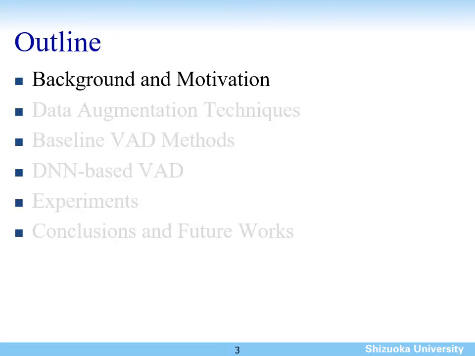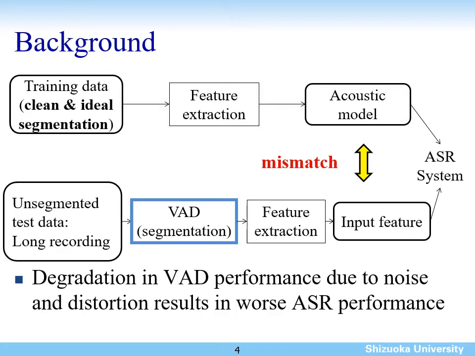Now, moving on to the background and motivation. In case of an ASR system, we train an acoustic model using clean features extracted from clean speech using ideal segmentation information provided by the data corpus. Then, when using the ASR system for recognizing unsegmented long recording, we need to first separate the speech segments using a voice activity detector.